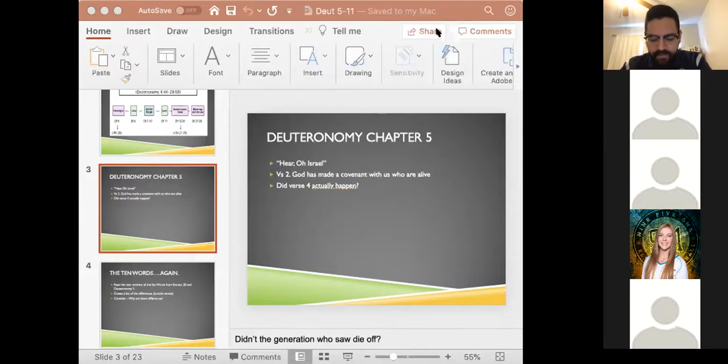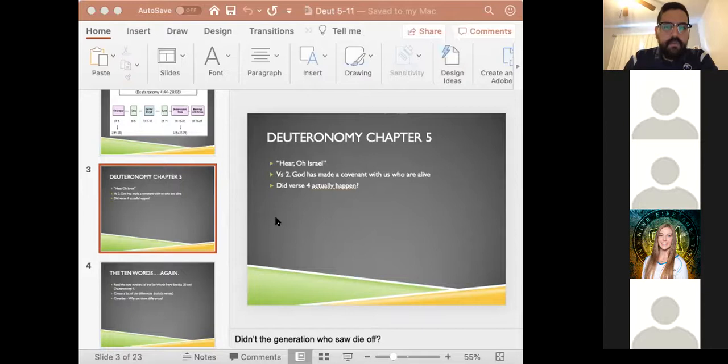Not with our ancestors did the Lord make this covenant, but with us, who are all of us here alive today. The Lord spoke with you face to face at the mountain out of the fire, and at that time I was standing between the Lord and you to declare to you the words of the Lord, for you were afraid because of the fire and did not go up to the mountain. And he said, I am the Lord your God who brought you out of the land of Egypt, out of the house of slavery. You shall have no other gods before me."